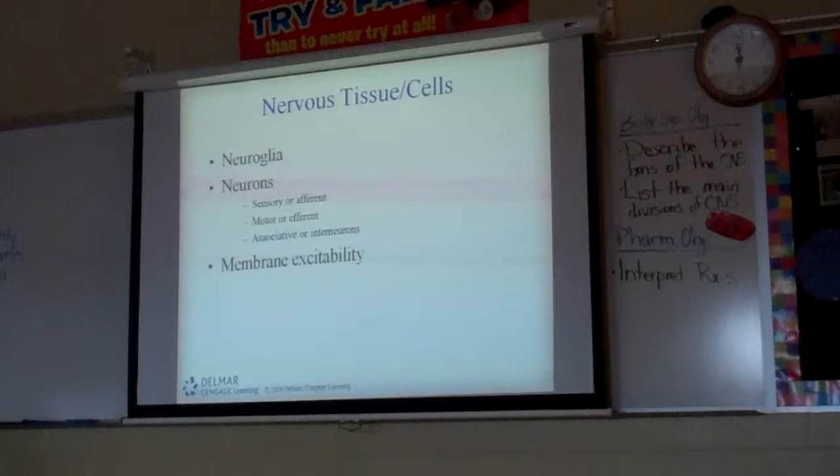Okay, afferent neurons are sensory. So if you've got something being sensed, like you can sense something, that is an afferent neuron. Motor or efferent neurons are neurons that make your muscles do something. All right?